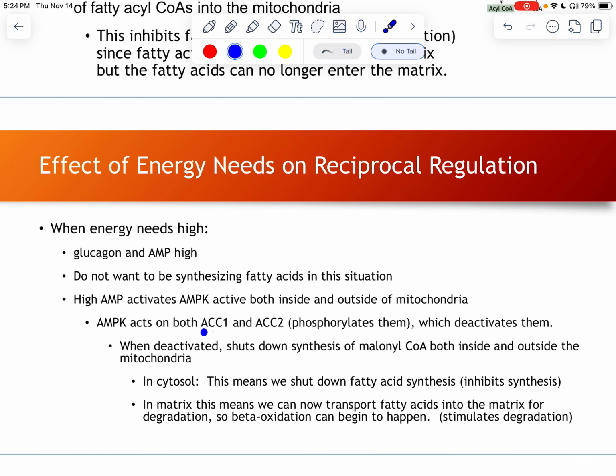So it acts on both ACC1 and ACC2. It phosphorylates them, which deactivates them. So now we have no active ACC enzyme. It shuts down the synthesis of malonyl-CoA inside and outside.